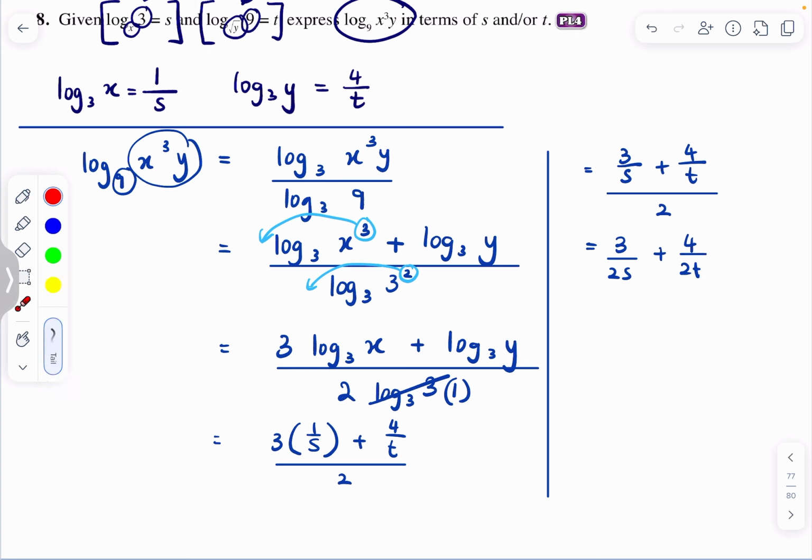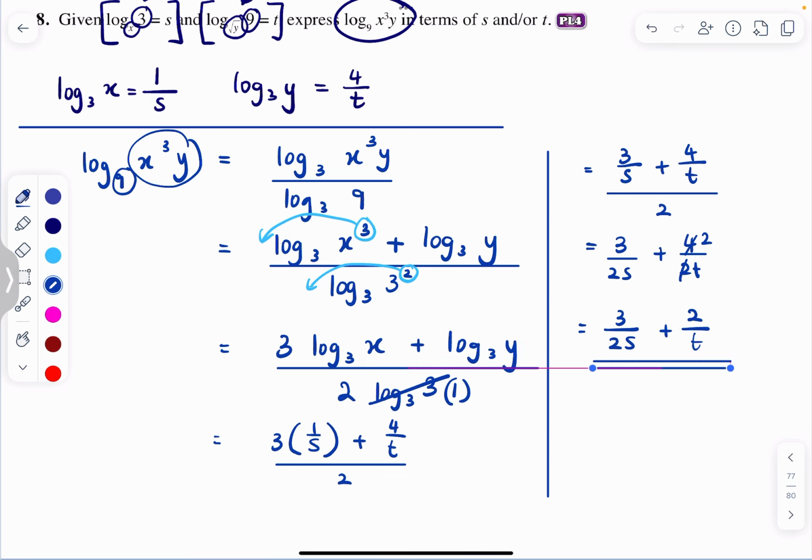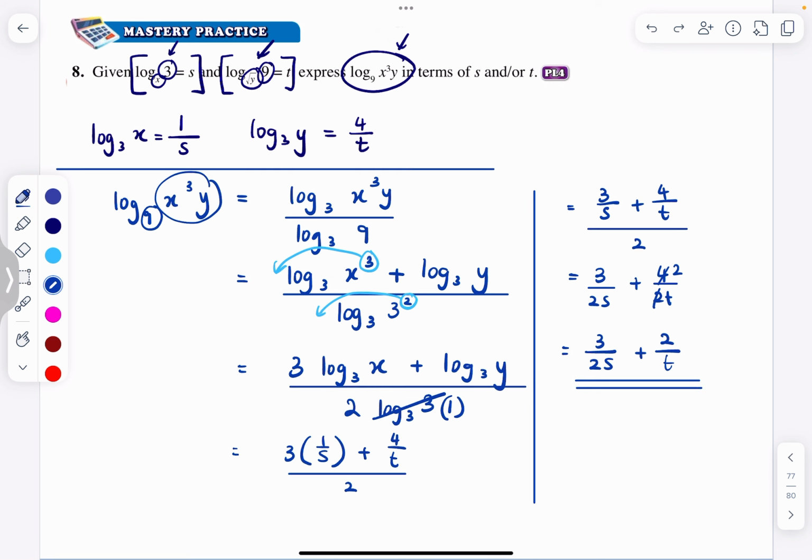So the 2 we write here, because each of them is divided by 2. This is easier. Then this one we can reduce it. So 3 over 2s plus 2 over t will be our final answer. Quite a long question. Done. That's it.